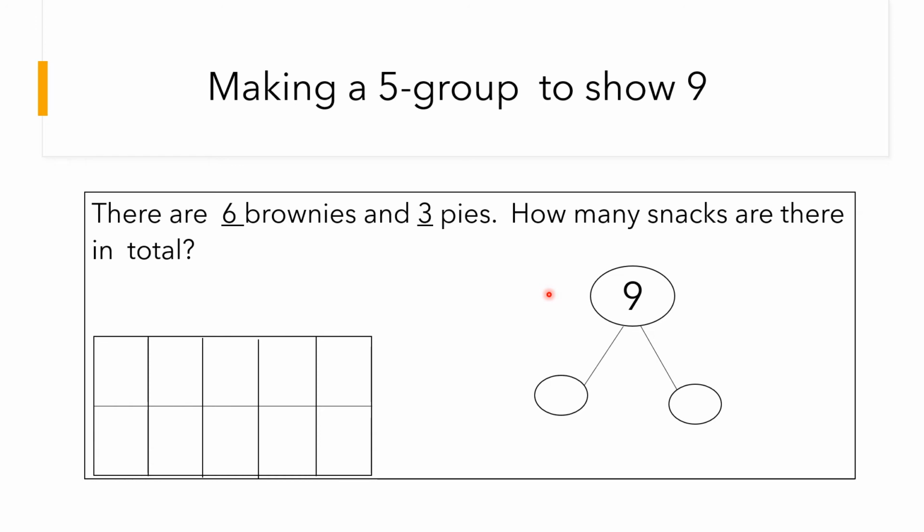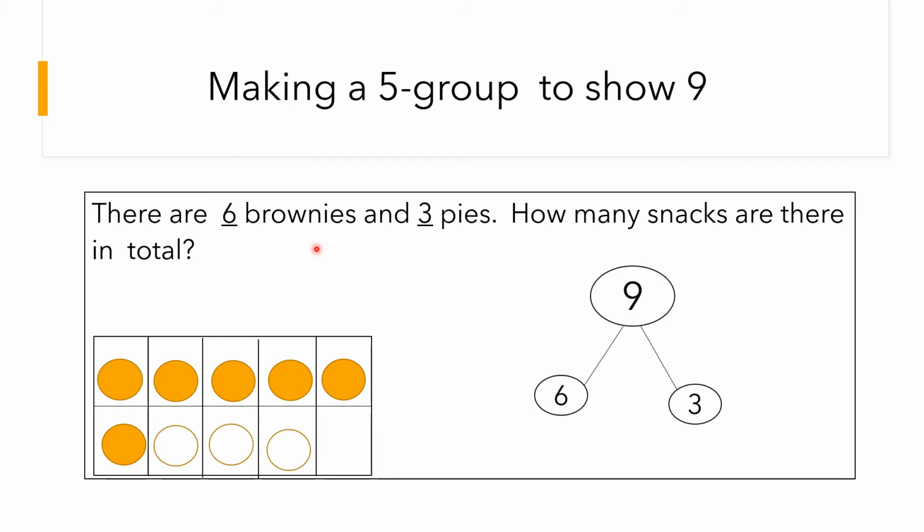Thumbs up when you're ready. Kindergarten, does your 5 group table look similar or the same as mine? Nice work. What 2 number parts did you put in your 5 group to show 9?